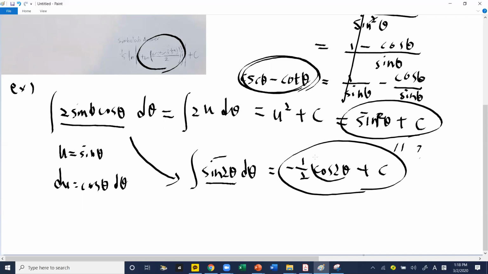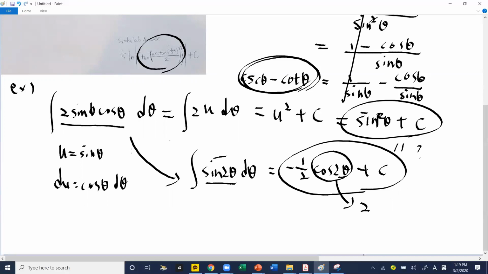They are, because of the double angle formula. This is 1/2 times, right? Cosine of 2 theta.